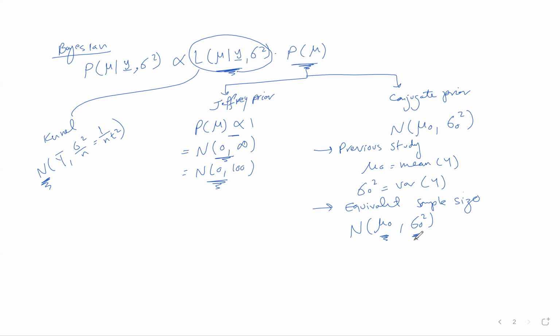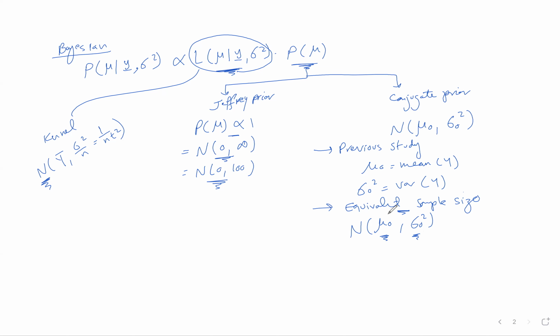What is the variability? This one represents how much certainty you have about the population mean mu 0. If you do not feel confident, you use a big value for sigma 0 squared. If you feel confident, use a small value for sigma 0 squared. But what is the idea of equivalent sample size?